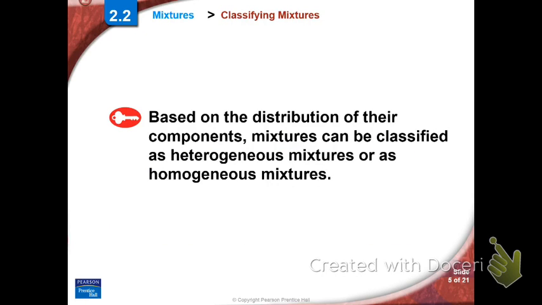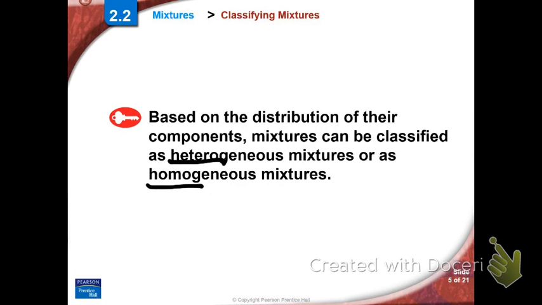Here's our key point. Based on the distribution of their components, mixtures can be classified as heterogeneous mixtures or as homogeneous mixtures. These prefixes hetero and homo should look familiar from biology. Do you remember heterozygous alleles that were different?